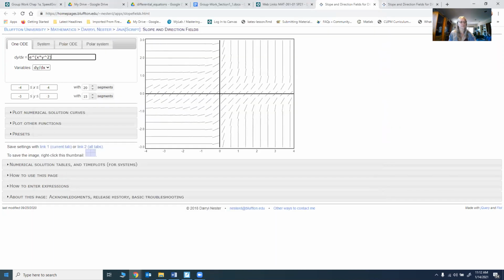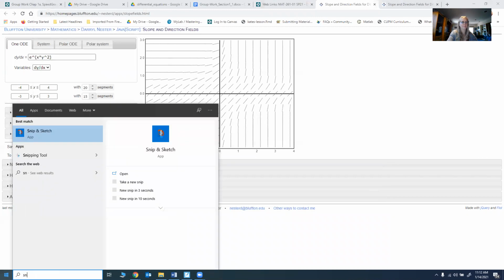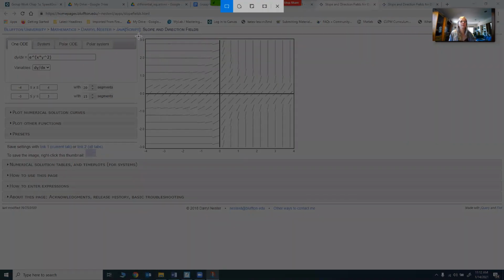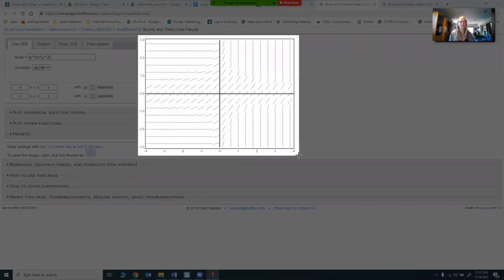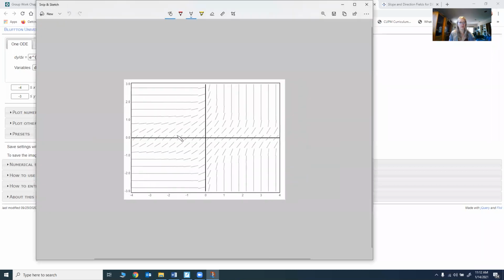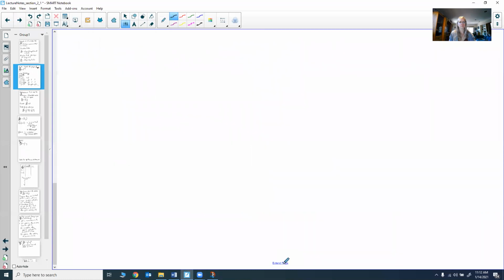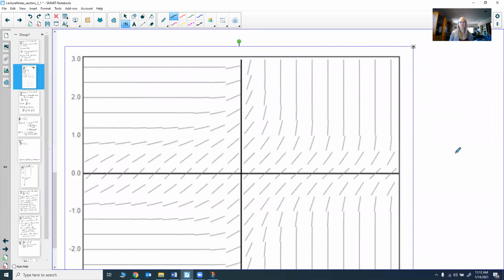I'll copy this and I will put this in my notes. And there's my slope field drawn with technology.